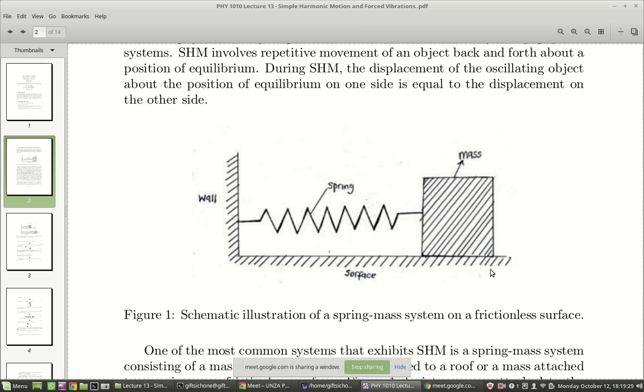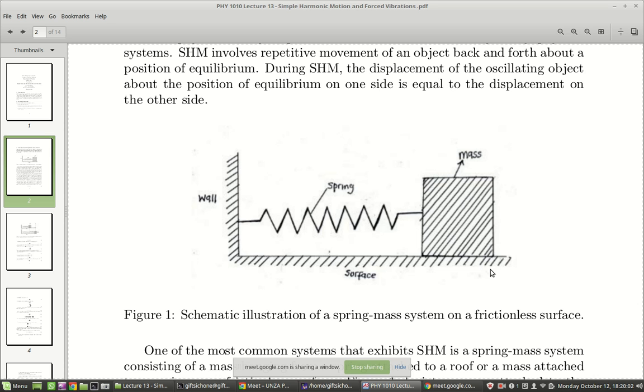That's why when something is moving, it always comes to a stop. So assuming that we have a mass on a frictionless surface is us trying to make life very, very simple for ourselves, because friction brings about a bit of a complication, as you are going to see. Now we are looking at simple harmonic motion.